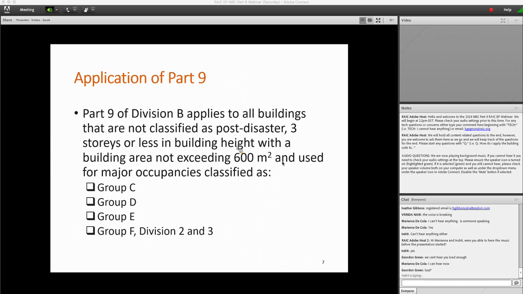Post-disaster refers mainly to things such as hospitals, police stations, power generating stations, and so on. And there is that as a defined term as well in the building code. So if it's under one of these 5 groups, so groups C, D, E, F2, and F3, then you may apply Part 9.